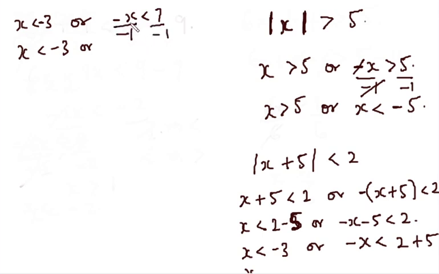Negative 1 cancels out the negative x. Then 7 divided by minus 1 means that the sign will change. So we have x is greater than negative 7. So it is either x is less than negative 3 or x is greater than negative 7.